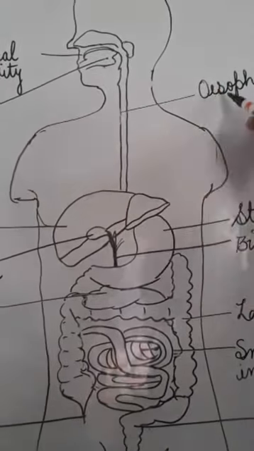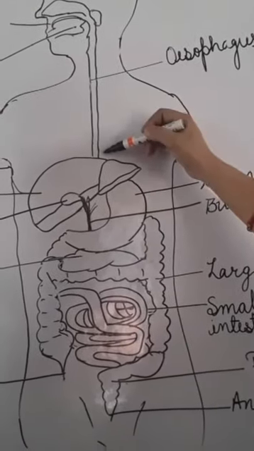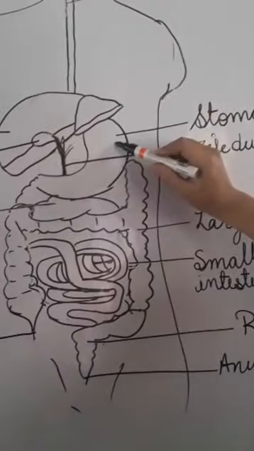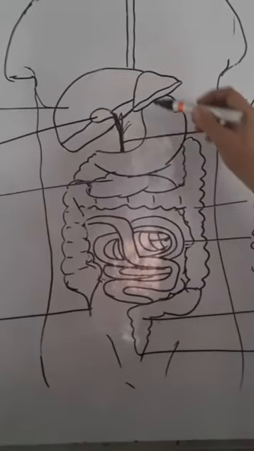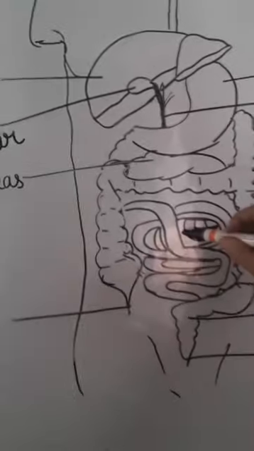The food pipe, also called the esophagus, opens into the stomach, which is a J-shaped organ, and from here the food moves into the small intestine.